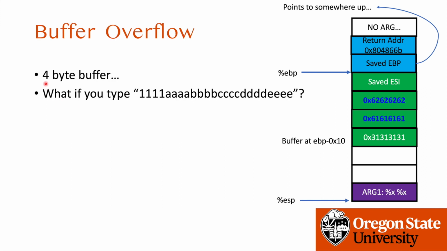So right now we have a 4-byte buffer, and what if we type much longer values, so 1111, AAAA, BBBB, CCCC, DDDD, EEEE, like this. This is much longer than the 12-byte input. Then this is the state: we overwrite with BBBB, and CCCC will overwrite the saved ESI, and DDDD overwrites the saved EBP, and EEEE will overwrite the return address.